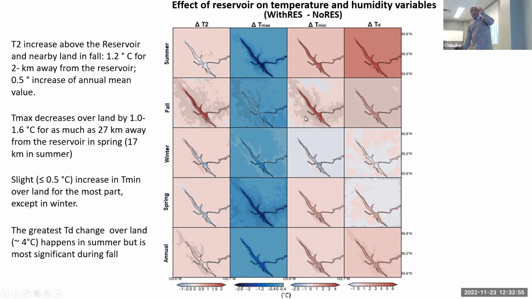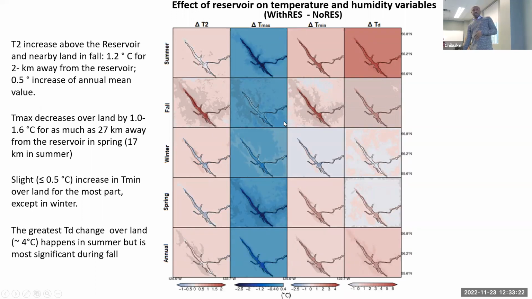The gray marks here are where these changes are significant. Whatever the value is, wherever I see these dots, it means the differences are significant between having the reservoir and not having it.